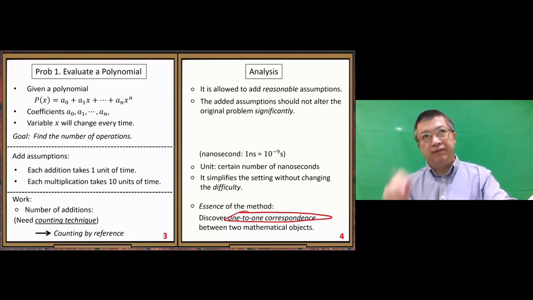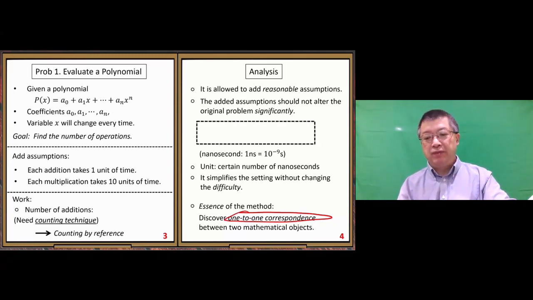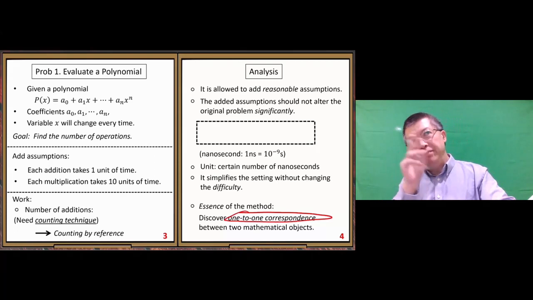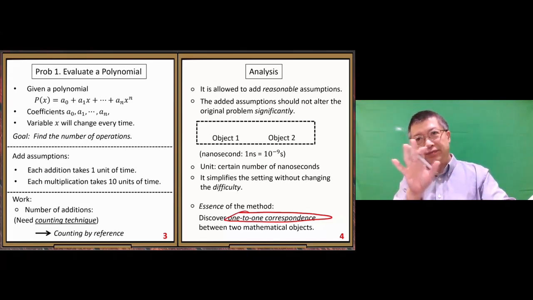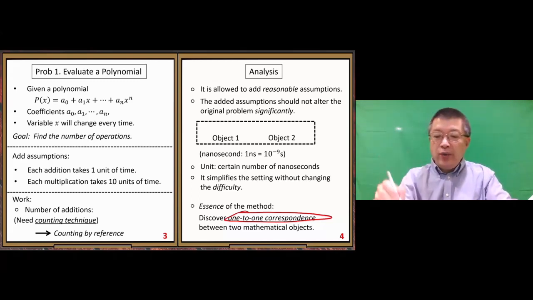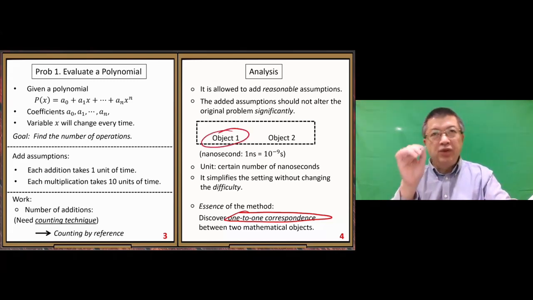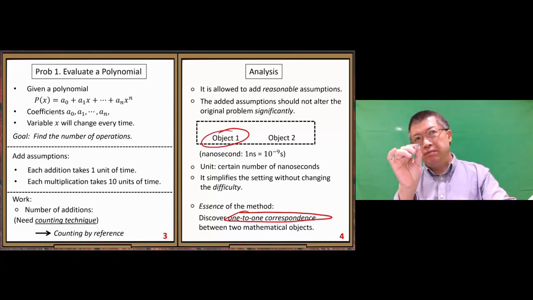Let me explain that relationship. Let me use the space to explain the two mathematical objects, object 1 and object 2. Our goal is to count the number of object 1, but it is not easy to count it directly.